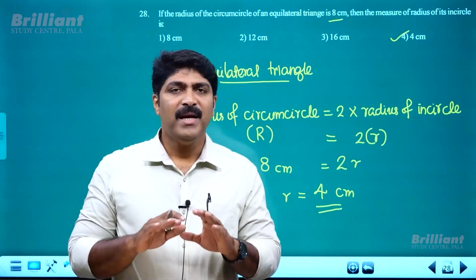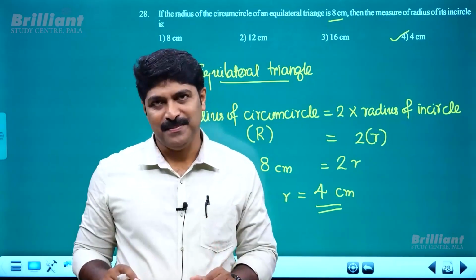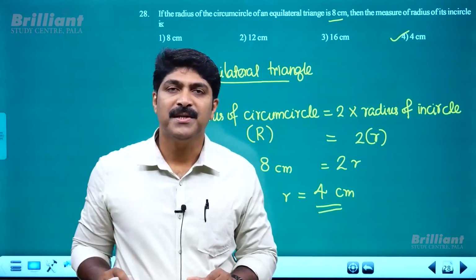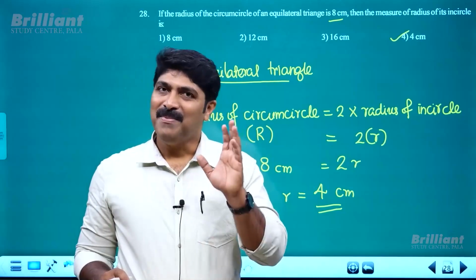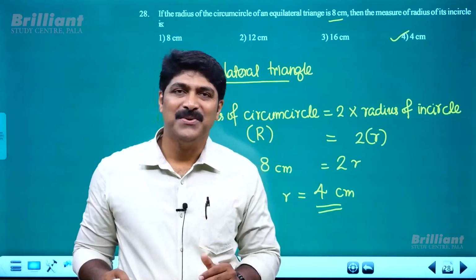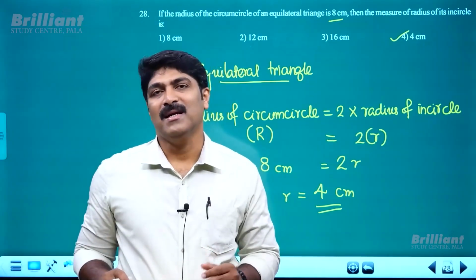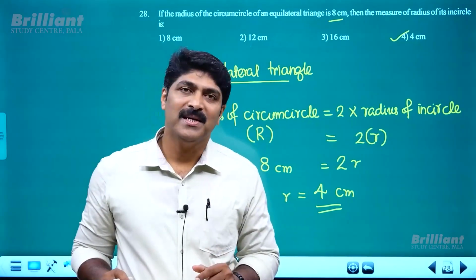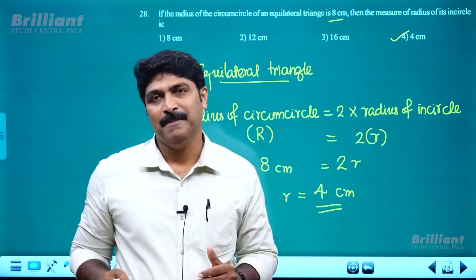So you can make such a logical conclusion. You don't need to bother about the actual relationship between inradius and circumradius, but simply we can conclude the inradius of a triangle is definitely less than the circumradius of the same triangle.